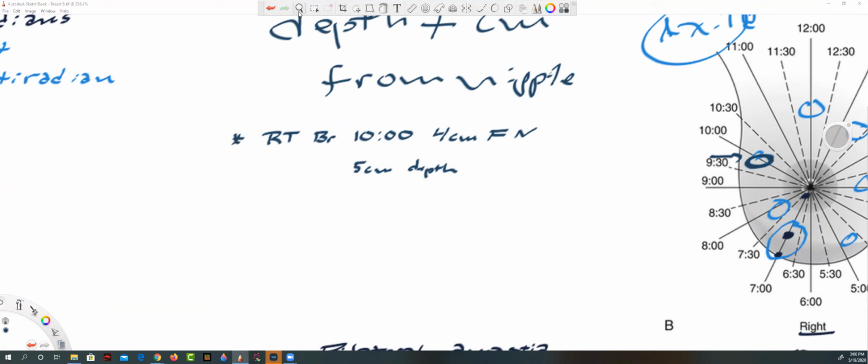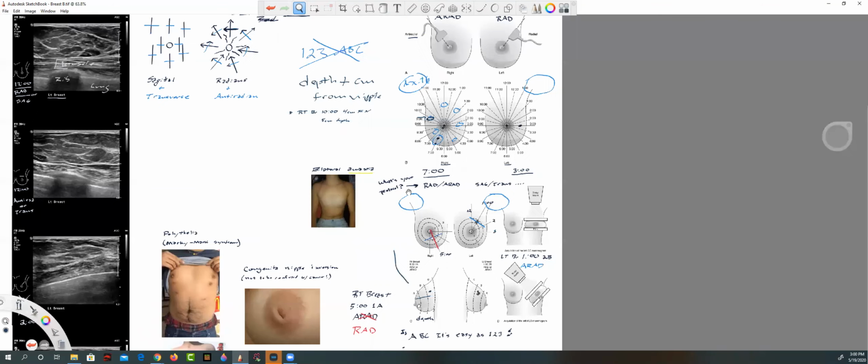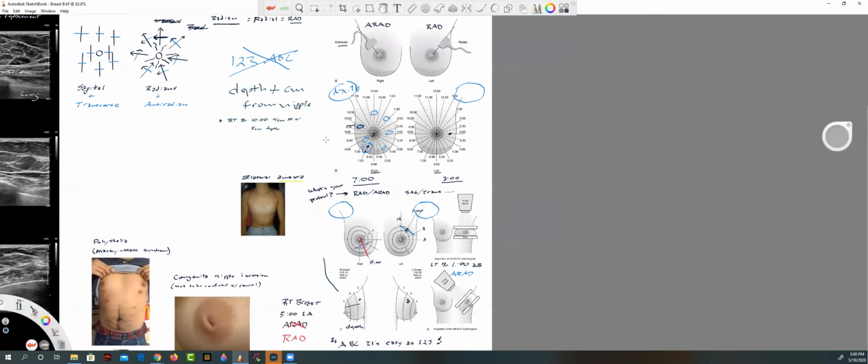So just remember guys, you're not going to be using all of these. You have to be familiar with all of them, but you're either going to be doing sagittal trans, rad, arad. You're going to be probably using a clock face, but maybe not. Maybe you're going to use upper outer quadrant.